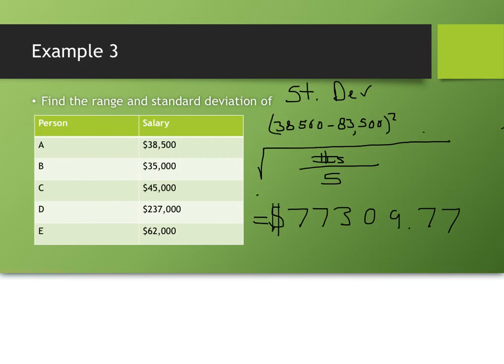Okay? So, add up a bunch of those numbers, divide by 5, take the square root, and then you get this big number, $77,309.77.